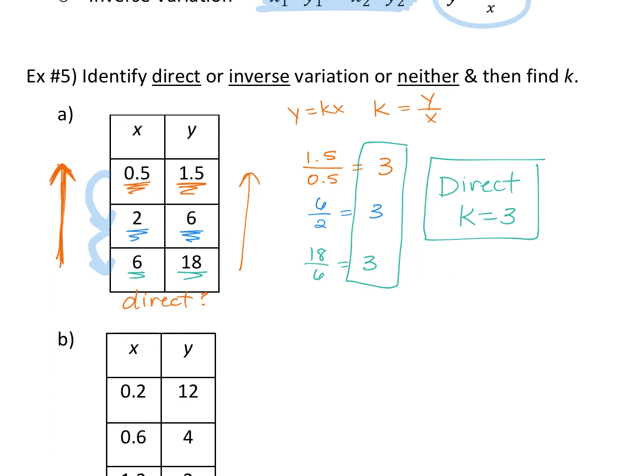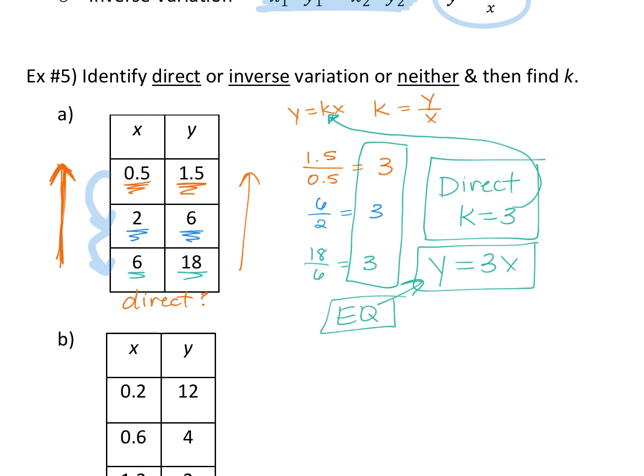What would the equation look like then? If I said, write the equation of the direct variation. Y equals 3x, right? You would just take that 3 and drop it into our equation. Y equals 3x. So this is the equation for that direct variation.